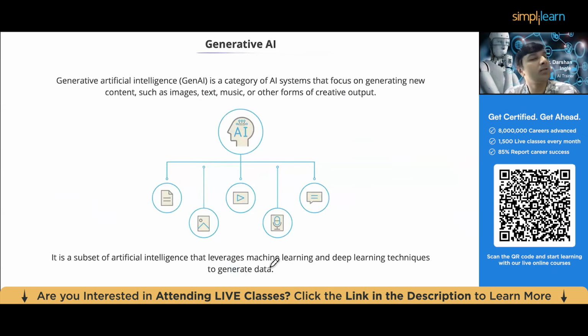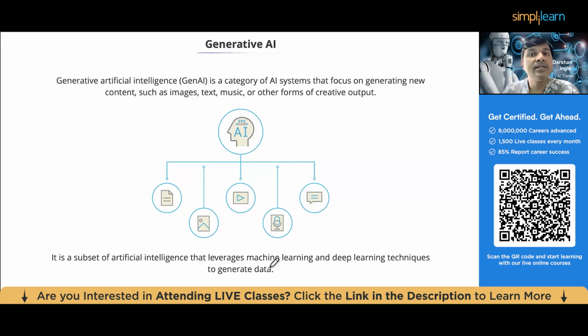They don't just process information, they actually create new content like text, images, videos, or even code. Therefore, we say Gen AI is a subset of AI. Unlike traditional AI, which might just classify data or predict outcomes, Gen AI goes a step further.